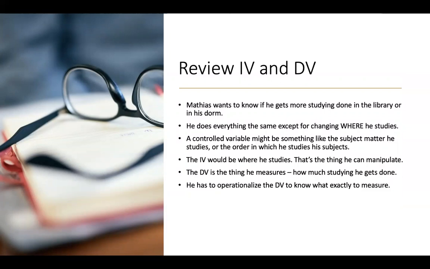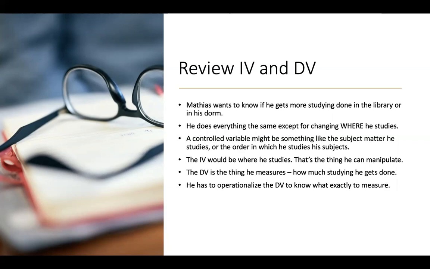For example, he will study the same subjects in the same order with the same snacks before and after, with the same music in his headphones, or with the same time of day, or with the same nap before, whatever it is. He does everything the same, except he changes where he studies. That's the only variable that differs.